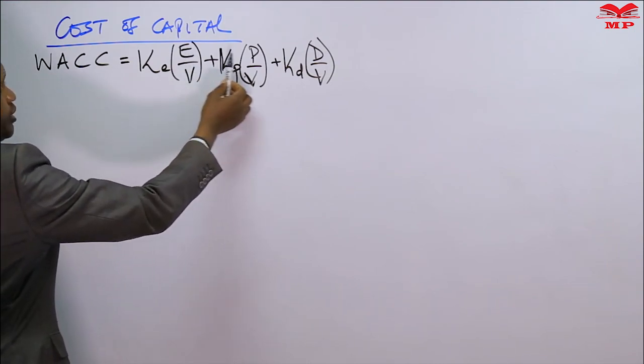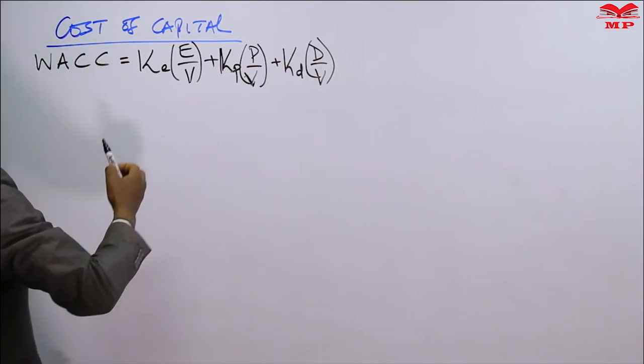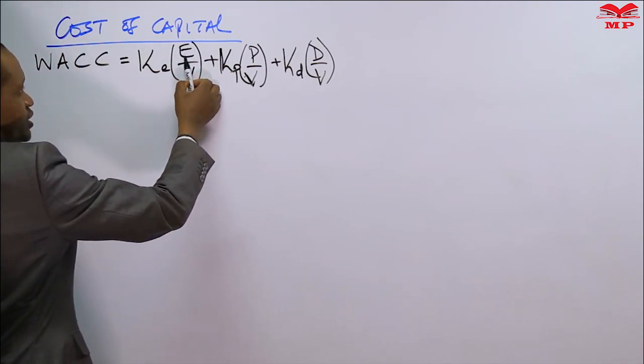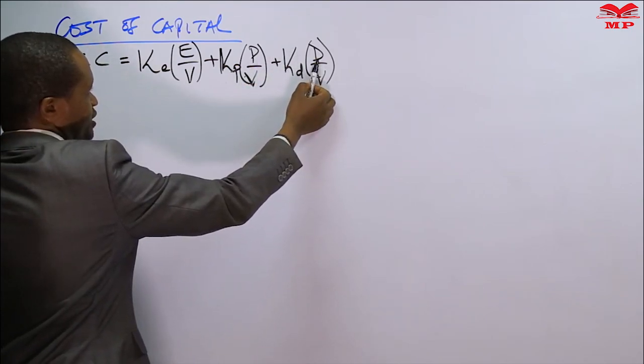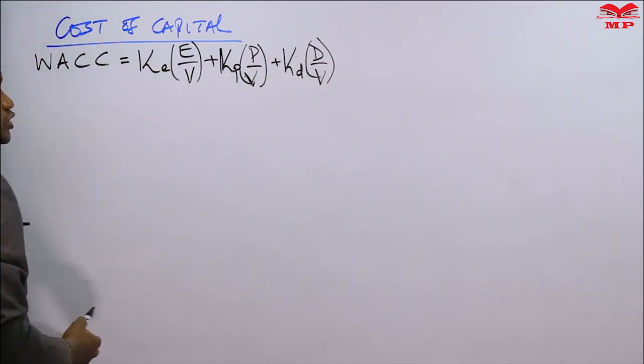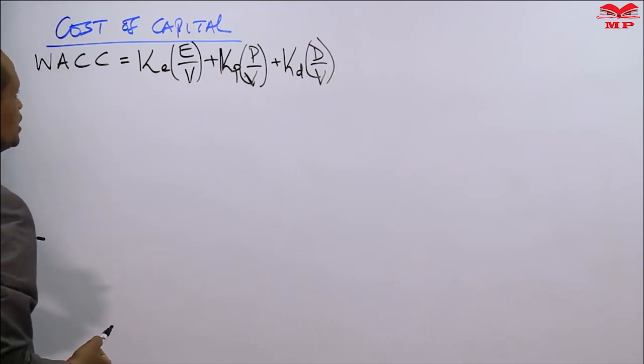E, P, and D are the market values for equity, preference shares, and debt, and V is the total market value of the various components in the capital structure.